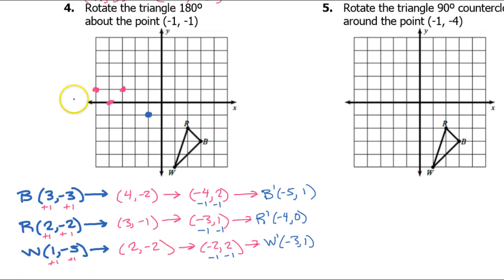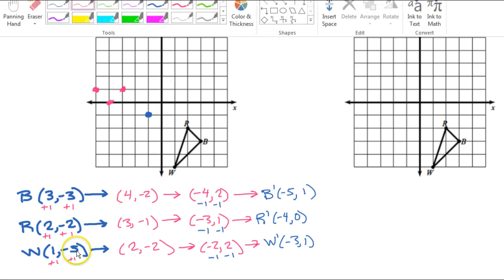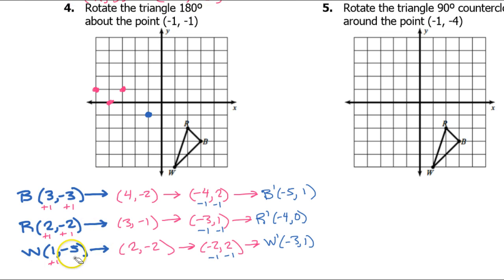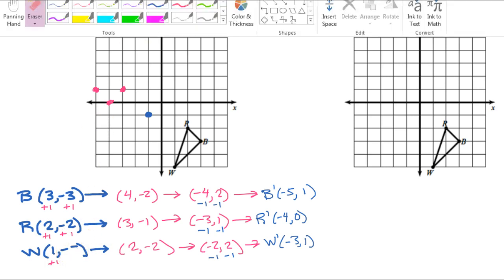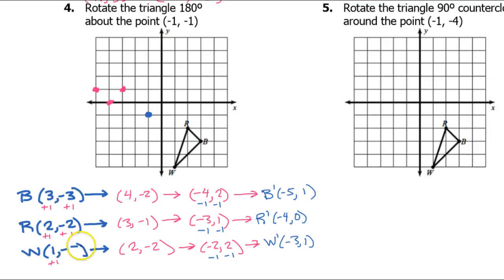Oops, when I plotted my points, it did not have the right shape, so I realized I must have made a careless mistake. So I looked back through, and I simply can't read my own handwriting. When I looked at this number right here, I thought it was a -3, so then that would make this a -2, but that's not a -3. This point W is the point 1, comma -5.